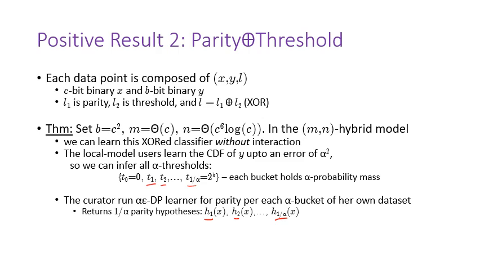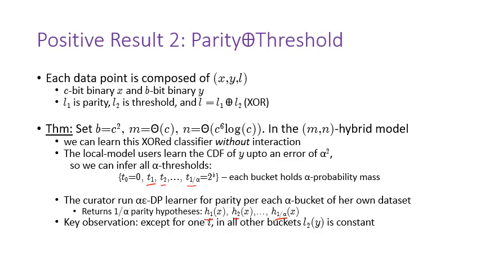Now that we have both these thresholds and these hypotheses, the key point here is that the threshold for L2, the threshold function, falls exactly in one of these buckets. So for any other bucket except that one, that parity is a good classifier because that bit of being greater or smaller than the threshold is fixed. So it's basically like learning parity.